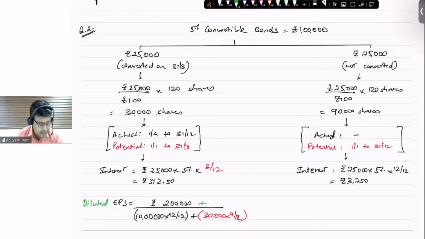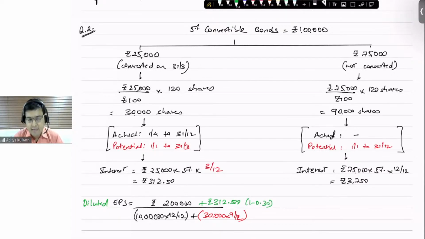The first one is the interest adjustment of 312.5 into 1 minus 0.30.